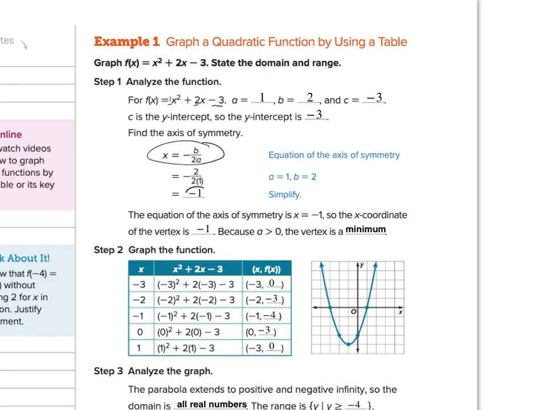So they said, hey, your axis of symmetry is x equals negative 1, which is right here. Now when I go to graph points in my table, I want points to the left and right of negative 1. It doesn't do me any good to graph x equals 8. If I plug 8 in here, I'm going to have a huge number way up here on my graph. It's going to do me no good.